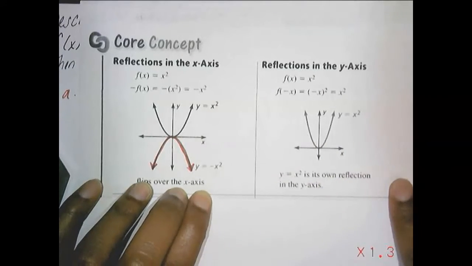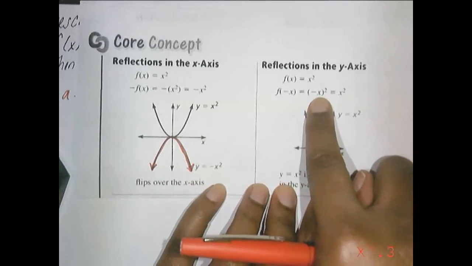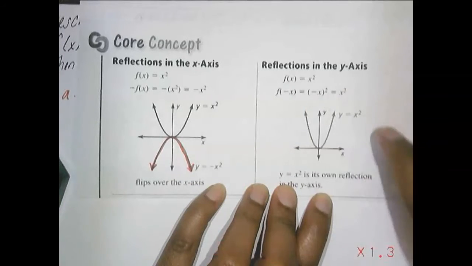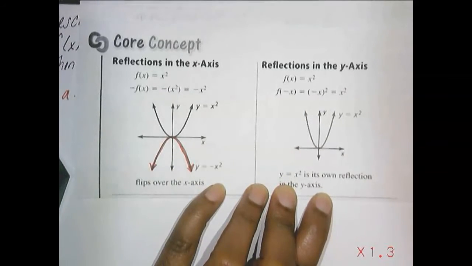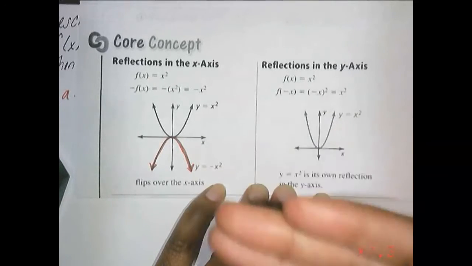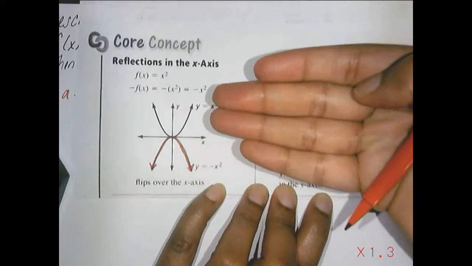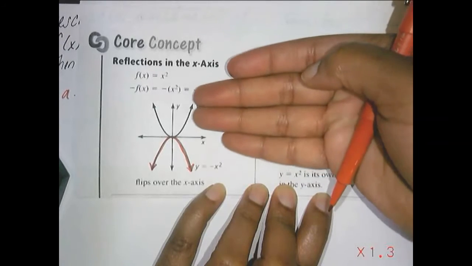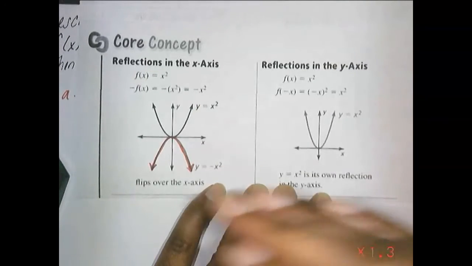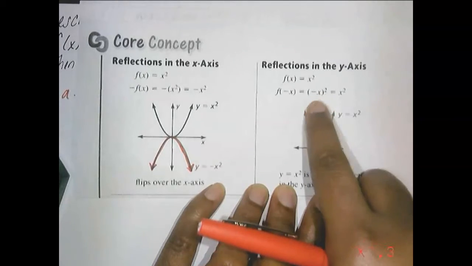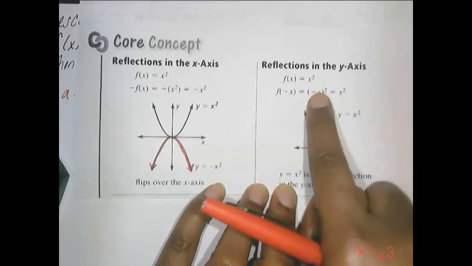Now, when we have our negative inside the parentheses, keep in mind what I said: everything that's outside the parentheses is going to look like a vertical change. So on the first one, we went from opening up to opening down. Over here we have something happening inside the parentheses, so that's a reflection.